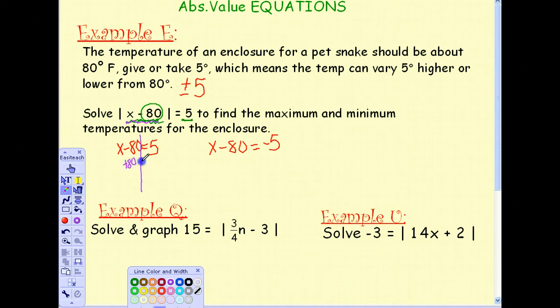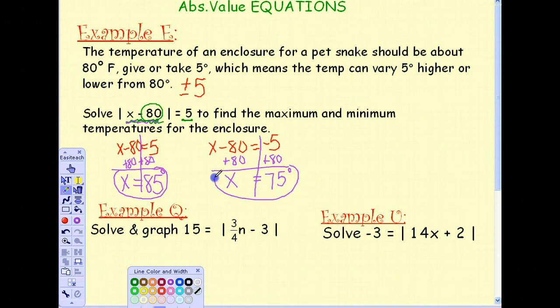Add 80 to both sides. For this first one, we bring the x down. We get x equals 85. In this case, it's 85 degrees. In our second case, again, same steps. Add 80 to both sides. And we get x equals 75 degrees.